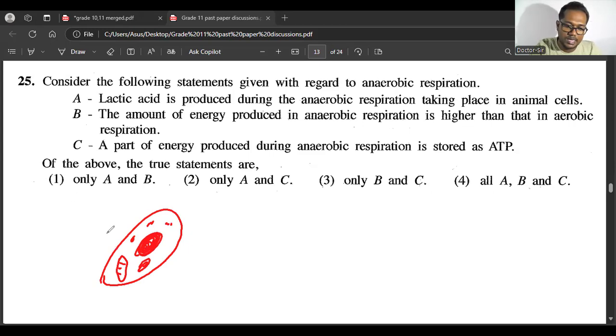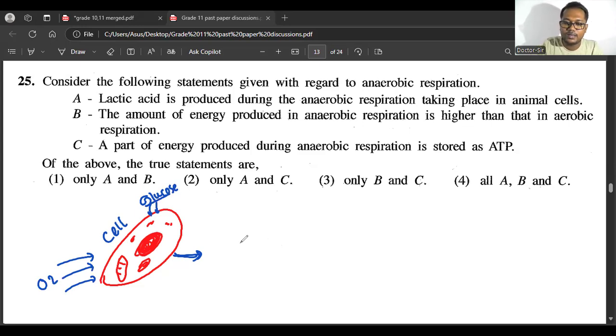In this cell, what will happen if we take glucose? It will produce energy. So this cell will take glucose. Sometimes this cell has oxygen. The cell can take oxygen, O2, and glucose.